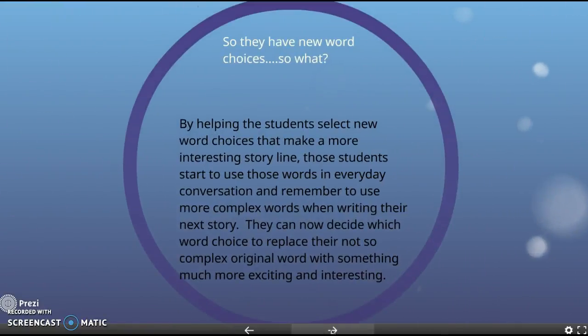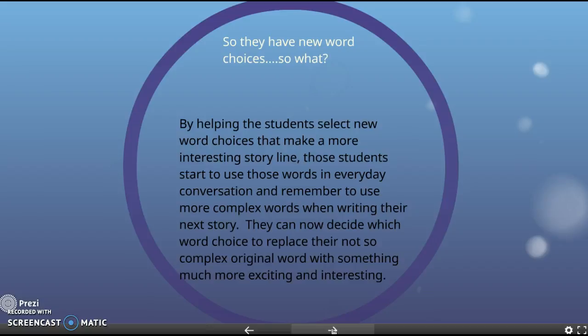So now that they have new word choices, so what? What does that mean? By helping the students select new word choices that make a more interesting storyline, those students start to use those words in everyday conversations as well, and they remember to use more complex words when they are writing their next story.